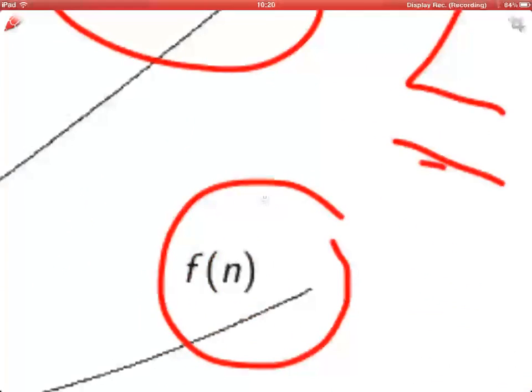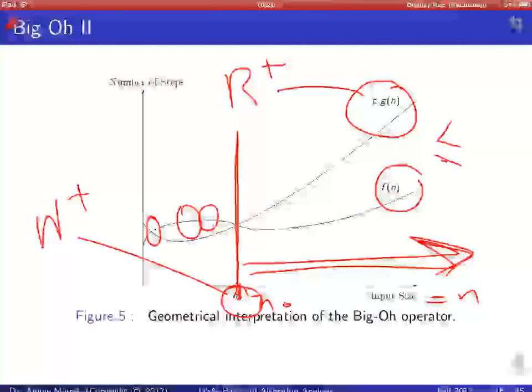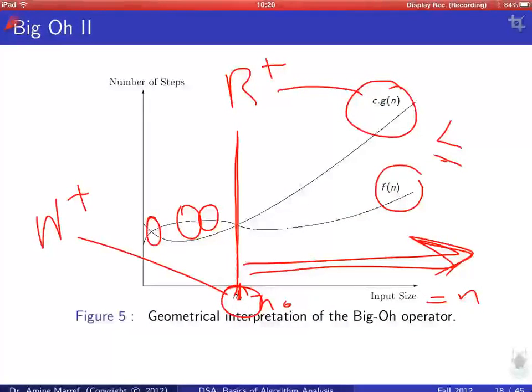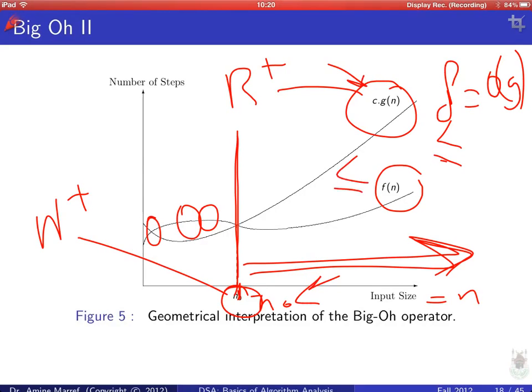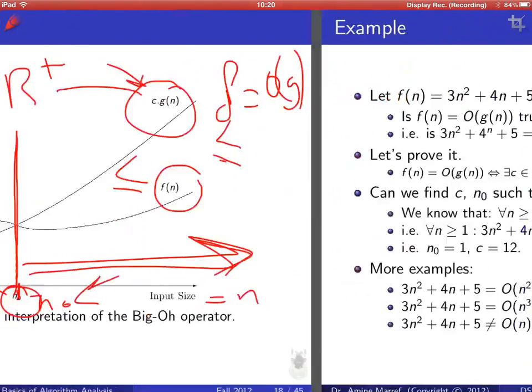Less than or equal is reflexive. Now 4n is less than or equal to 4n squared, and that's always going to be true. And 5 is less than or equal to 5n squared. That's only true if n is not 0.